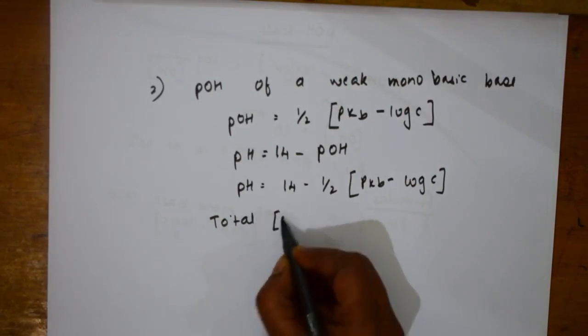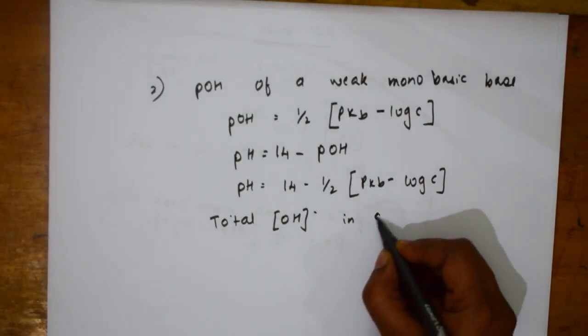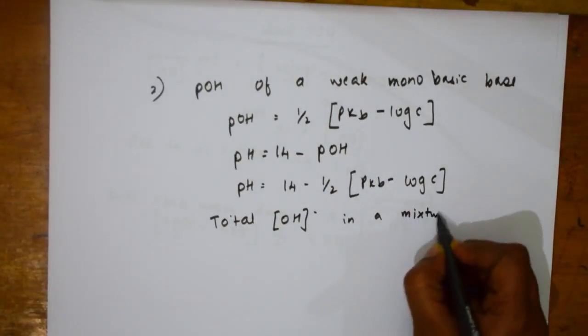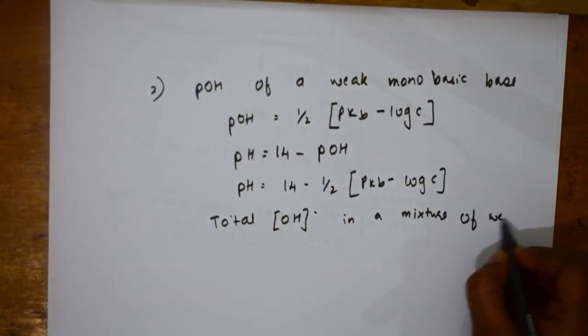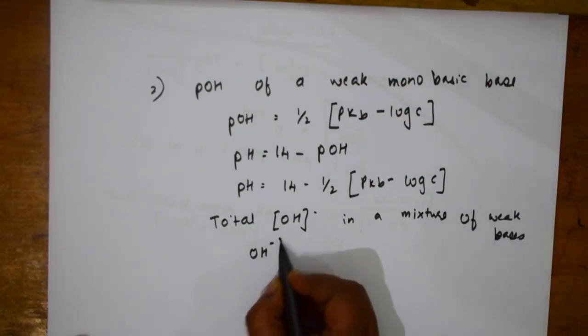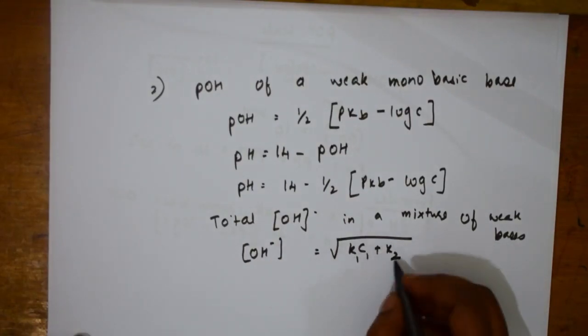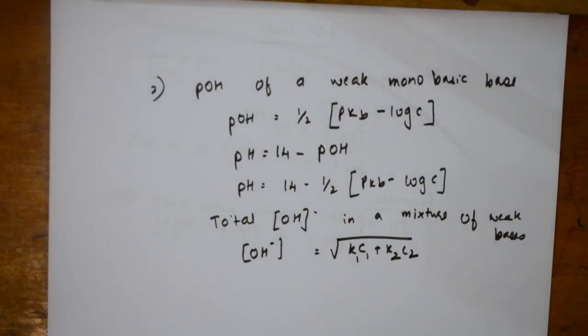For the total OH minus in a mixture of weak bases, one more formula you should remember is root of K1C1 plus K2C2. So remember this.